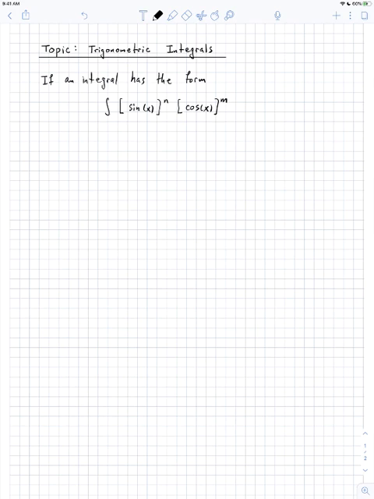Let's say m, and we're integrating with respect to x. If an integral has this form, then it may be solved or evaluated using substitution and identities.